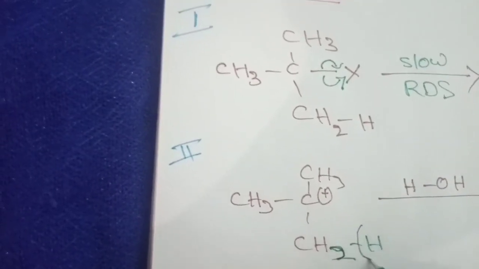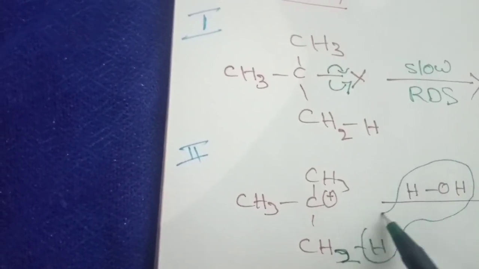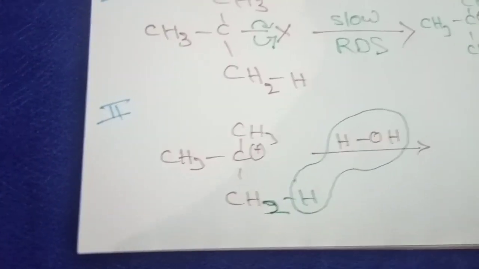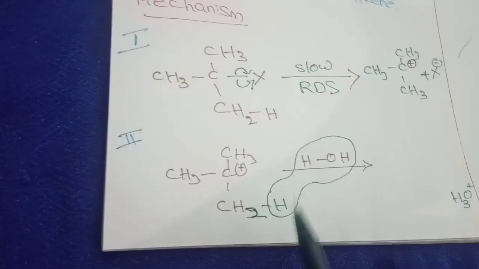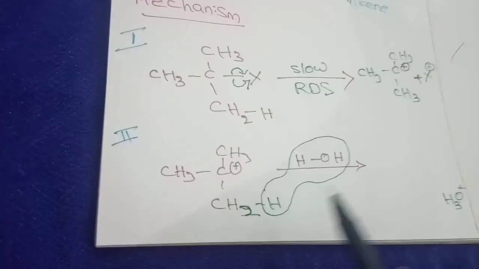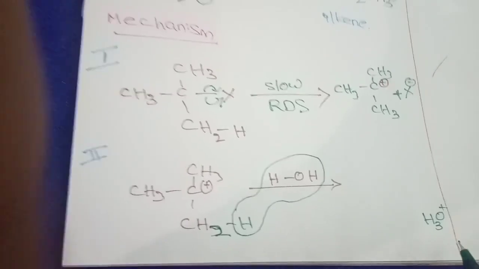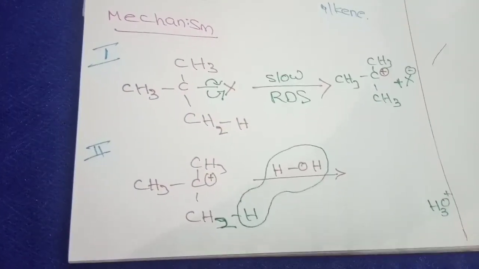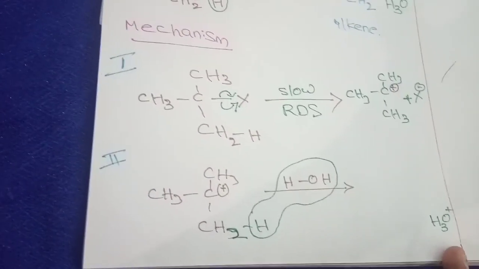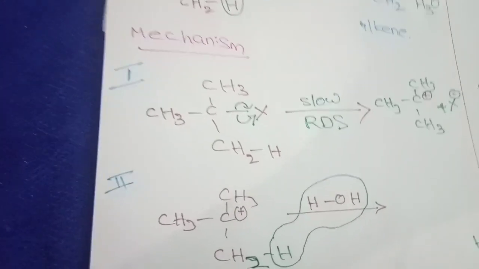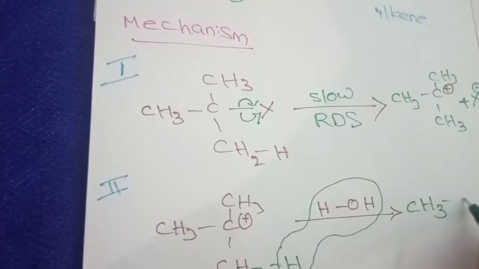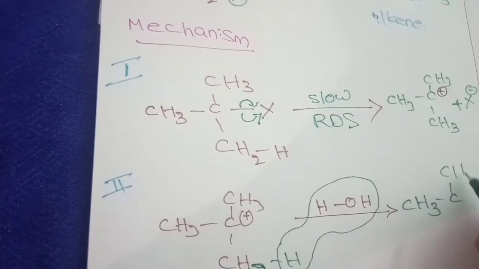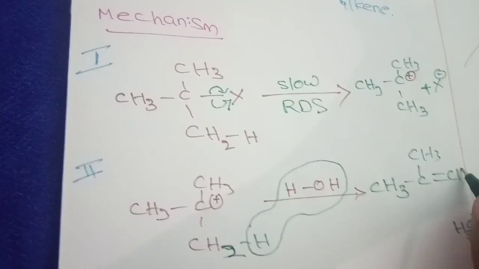Here hydrogen is removed along with water as H3O plus. In the second step hydrogen is removed along with water. Here water is removed, so dehydration will happen. In the first step dehalogenation happens. Now we get the product alkene. It makes a double bond with CH2.